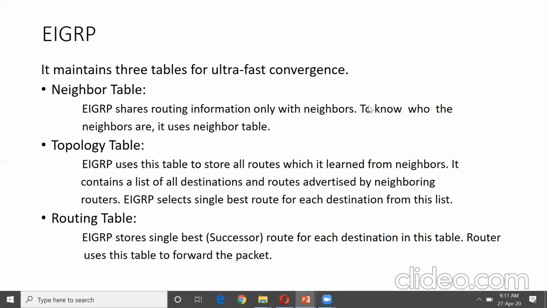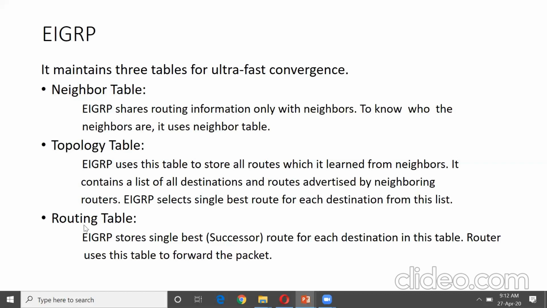Next is the topology table. EIGRP uses this table to store all routes learned from the neighbors. It contains a list of all destinations and routes advertised by neighboring routers. EIGRP selects the best route for each destination from the list. So the complete topology, all the routes learned from the neighbors, is maintained in the topology table.